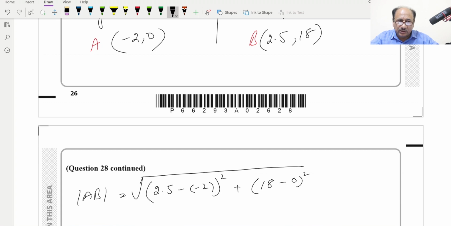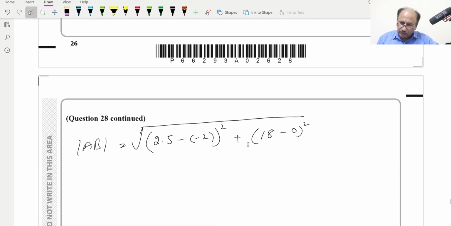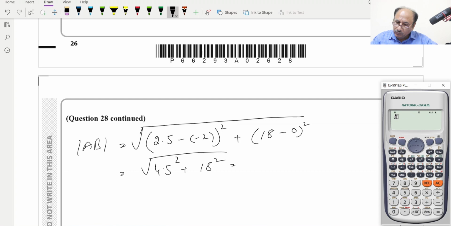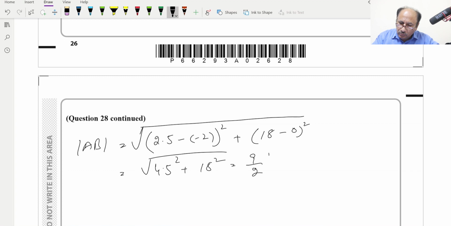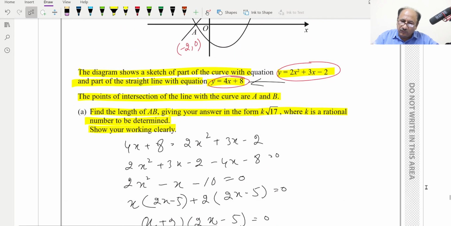We can solve this with the help of a calculator also, or we can write it as 2.5 plus 2 will be 4.5 squared, plus 18 squared under root, and this will be equal to 9 by 2 under root 17, and this was required in this format.